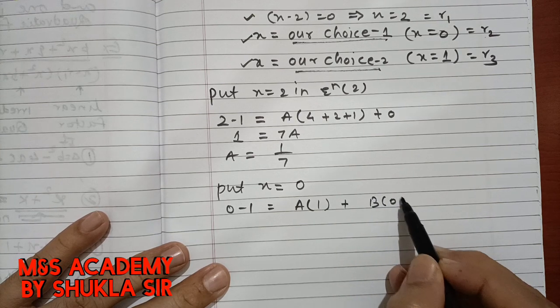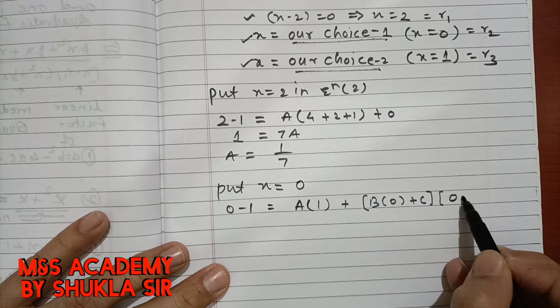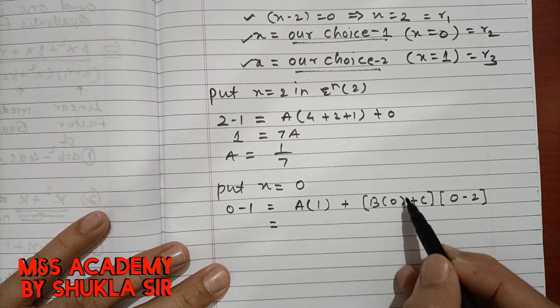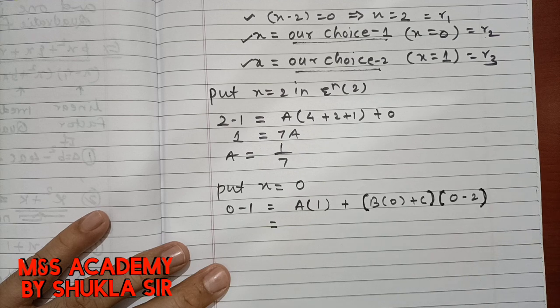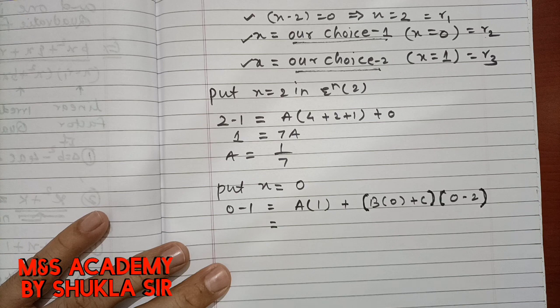So bx here, 0 plus c in one bracket, and in the other bracket 0 minus 2. This calculation is very important, and take care here that it should be in brackets, otherwise everything is spoiled.